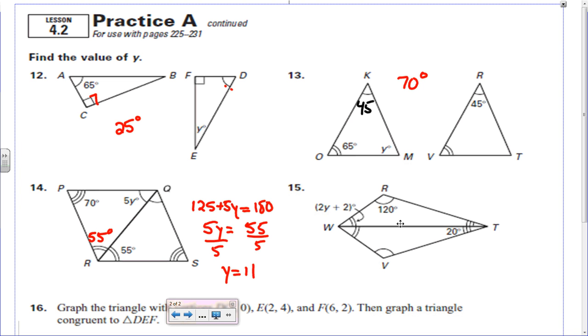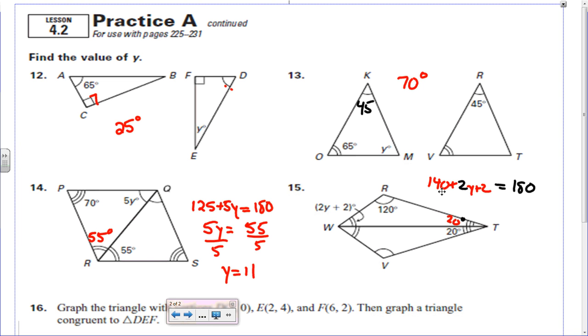Number 15. Here we have the 2y plus 2 in the top. We have a 120. This 20 degrees is congruent to this angle here. So now you add it up. 140 plus 2y plus 2 equals 180 degrees.